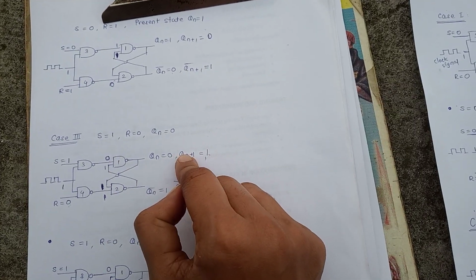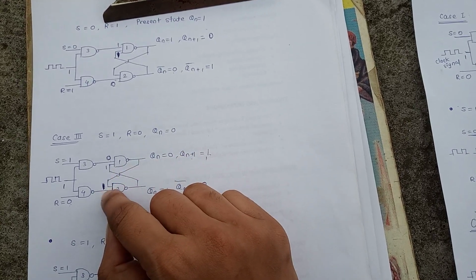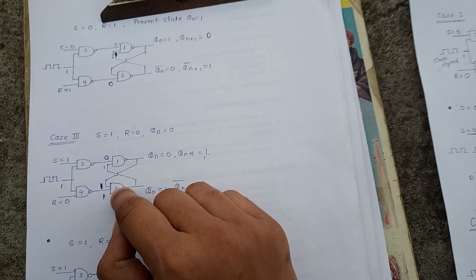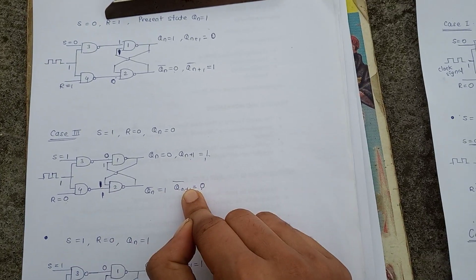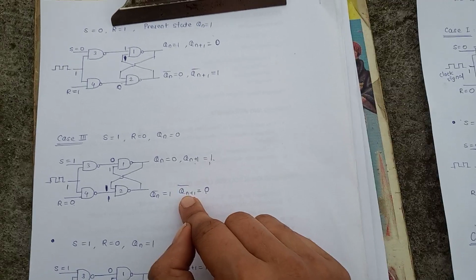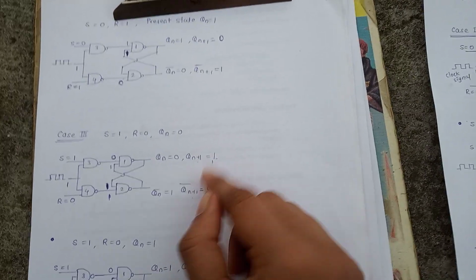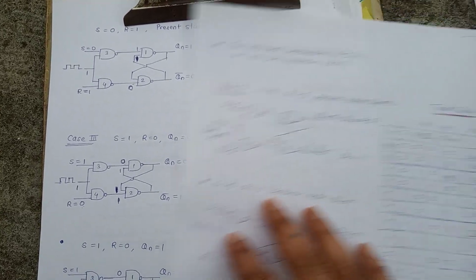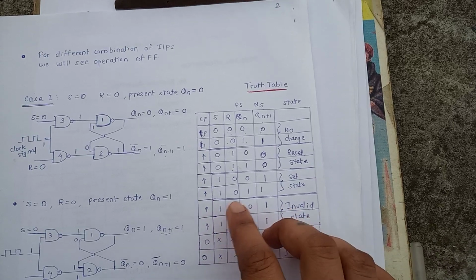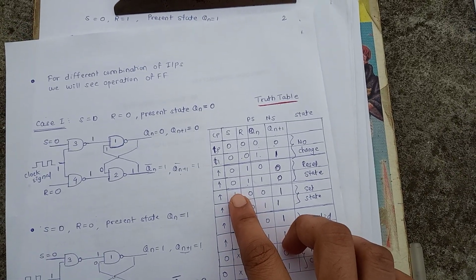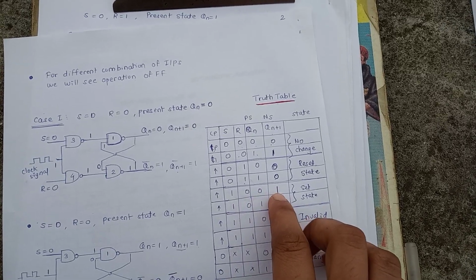Now this next state output Qn+1 equal to 1 is given to the input of the second NAND gate. So 1 1 produces output 0, which is nothing but Qn+1 bar. So Qn+1 bar equal to 0. So these 1 0 are complements of each other. Now update the truth table for S equal to 1, R equal to 0, Qn equal to 0. So Qn+1 is 1.